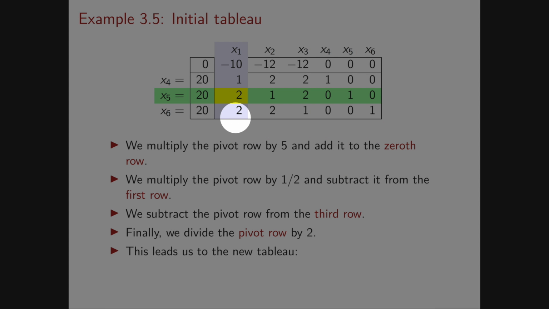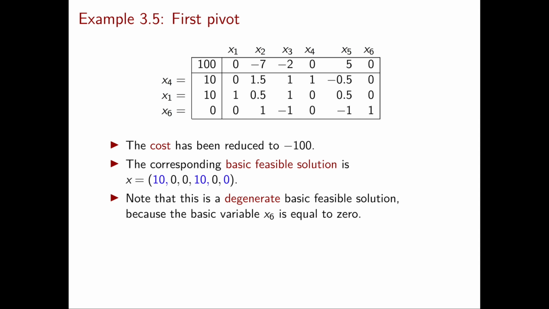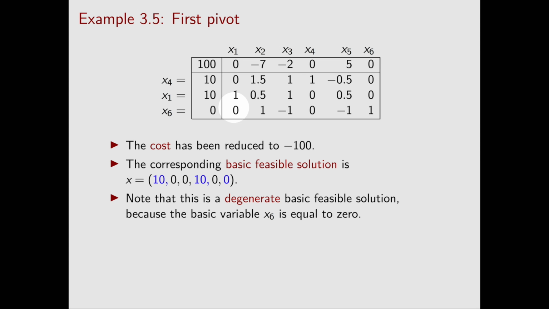To obtain a 0 in the last row, I simply need to subtract the pivot row from the third row. And finally, to obtain a 1 in the pivot element, I simply need to divide by 2 the pivot row. If you perform all these elementary row operations, you will obtain this new tableau. Note that the first column has become 0, 0, 1, 0 as it should.